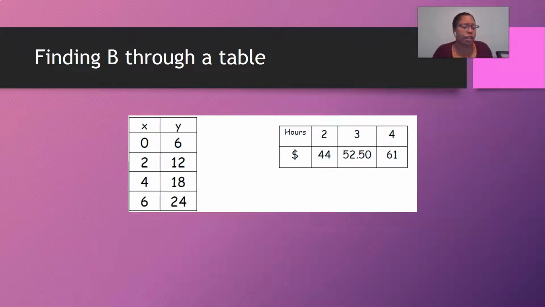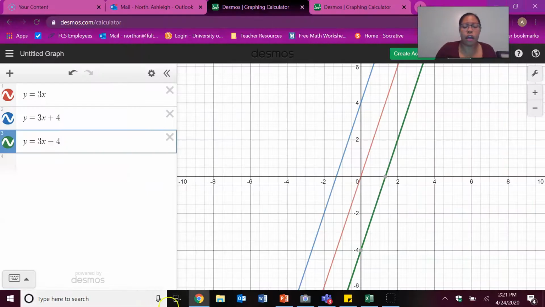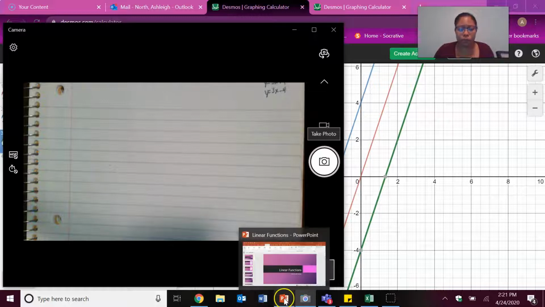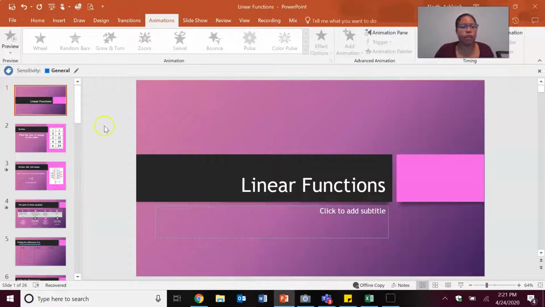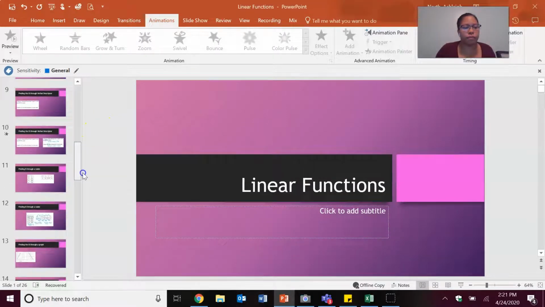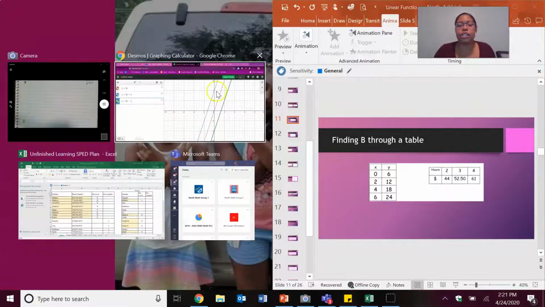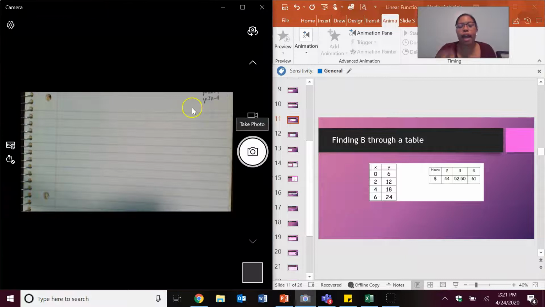Now, finding your M through a table. We're going to come out of here and go to the camera so we can see what we're really working with. Like I said, as we get into this, we are not using just, oh, I can divide my y into my x. We have grown past that. That was only for proportional relationships.